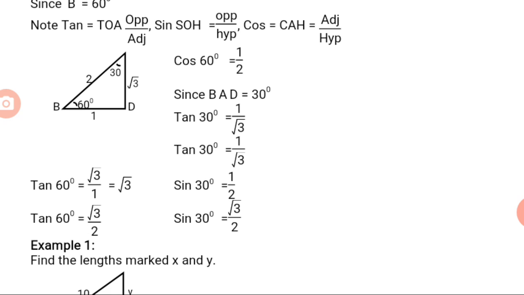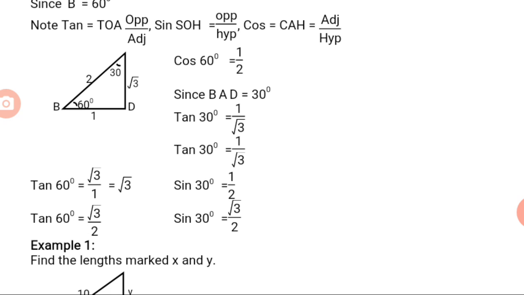Are we together? Now, let's look at sine 60 degrees. Sine 60 degrees, not tan. Sine is opposite over hypotenuse.